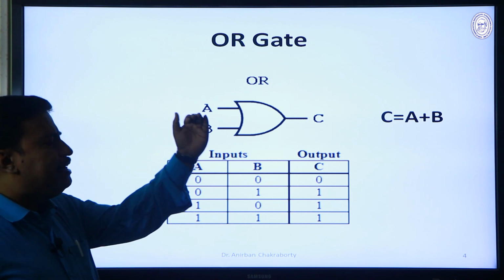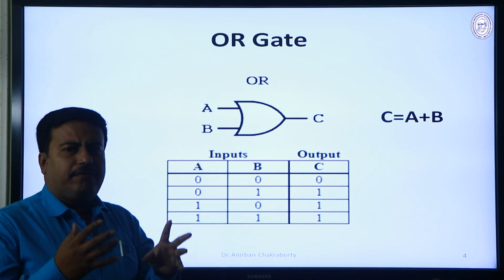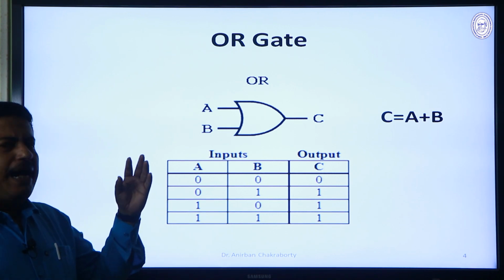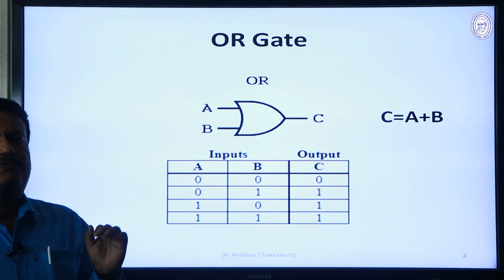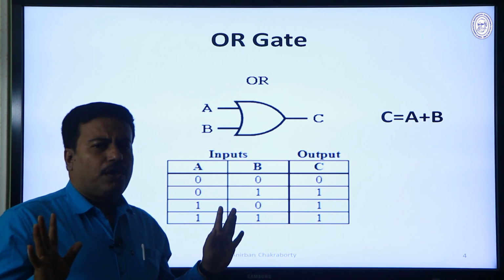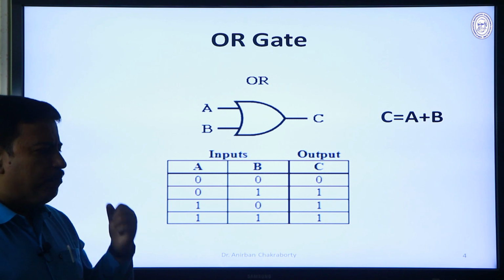However, in digital, what is there? These are circuits, and obviously they require some voltage for their operation. Suppose I am using a battery whose highest voltage is plus 5 volt.